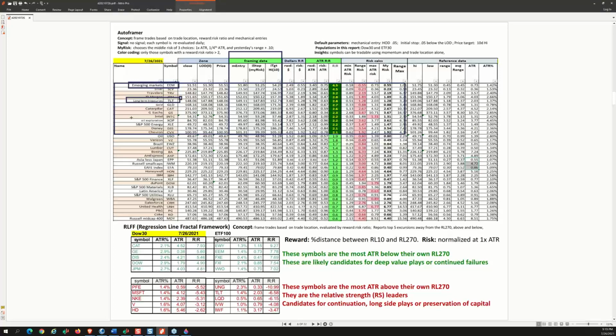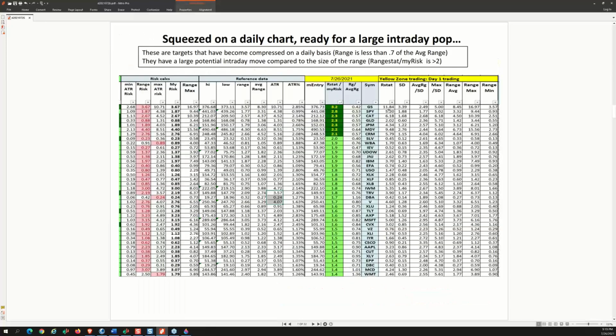And then oil and energy and oil exploration, despite today's gains, still have some room to play. So I like that. A couple of daily squeezes. Anytime I see S&P, that tells me the market is under tension and ready to break large in either direction. So I like that. And I like that mid caps are in that condition also.